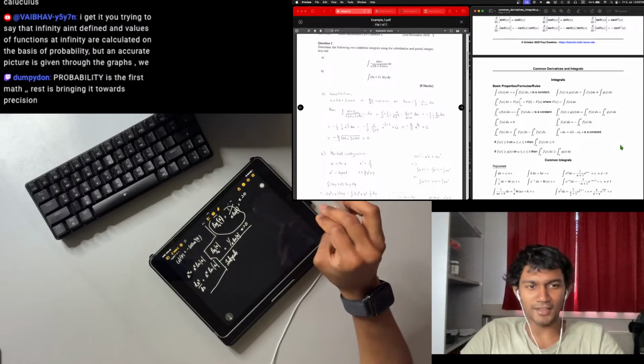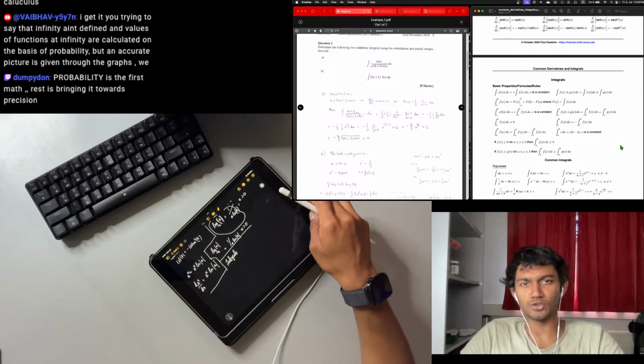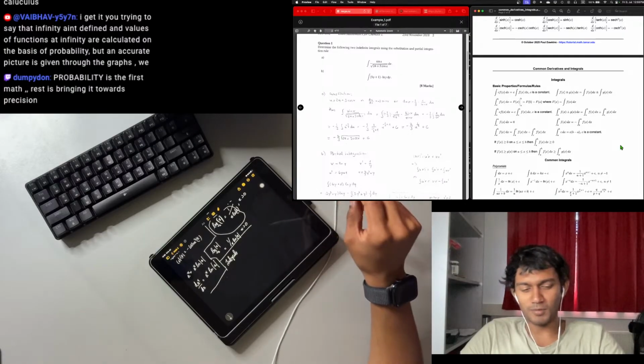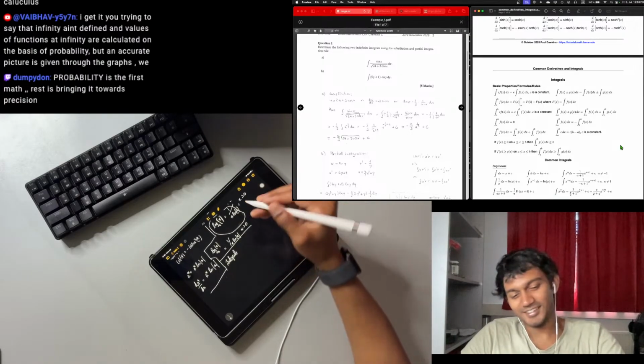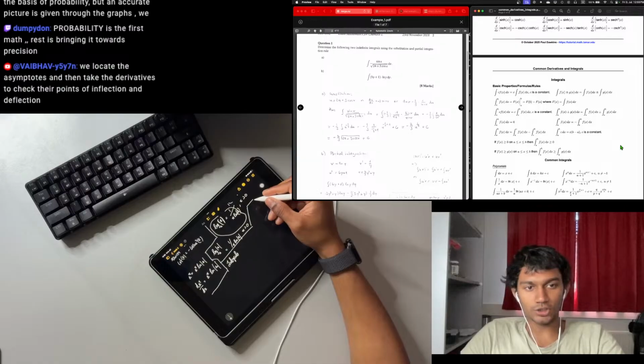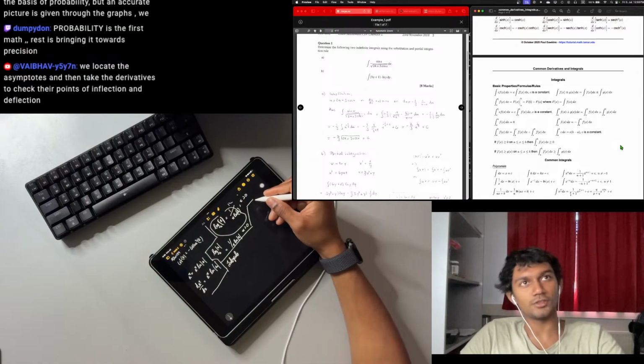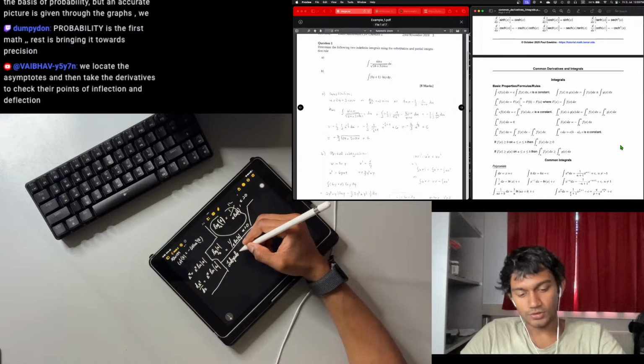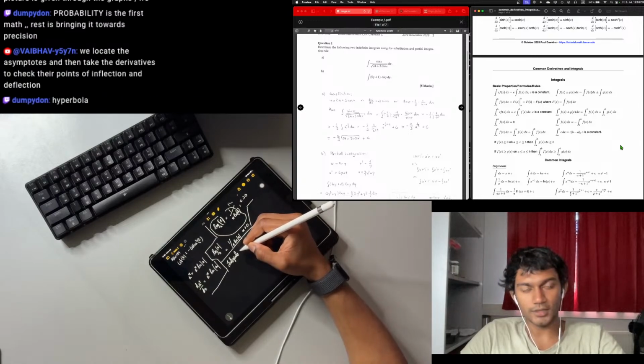Probability is the first math, the rest is bringing it towards precision. Probability is first. We locate the asymptotes and then take the derivatives to check their points of inflection and deflection. Damn, you guys are just talking about all the things I heard in classes. Hyperbola.